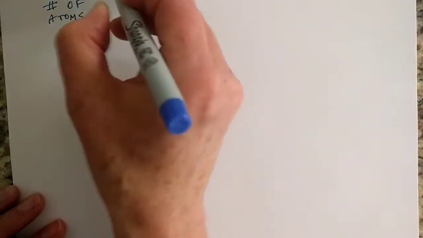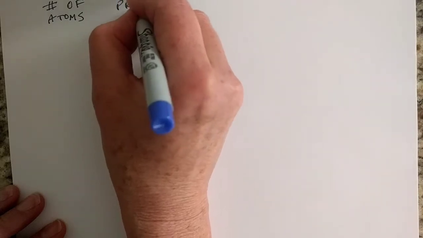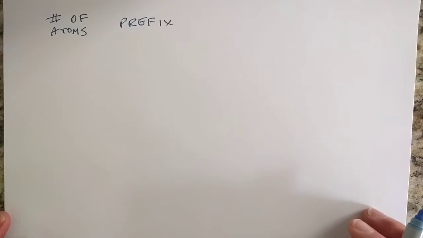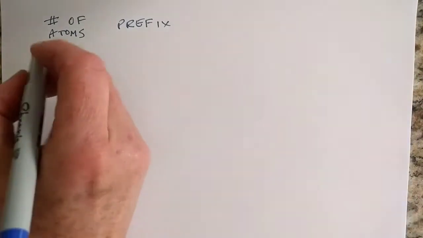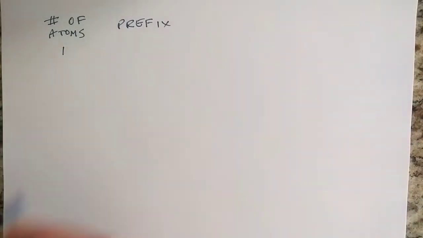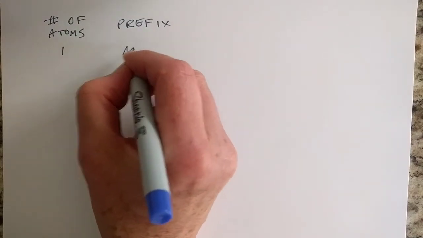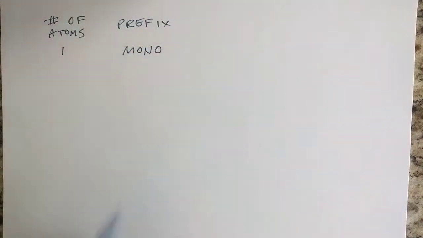Okay, so let's go over the prefixes. So we're going to look at the number of atoms and then the prefix for that number of atoms. So if we only have one atom of the element, our prefix is mono, like monochrome means all one color. All right, now there is a little exception to this.